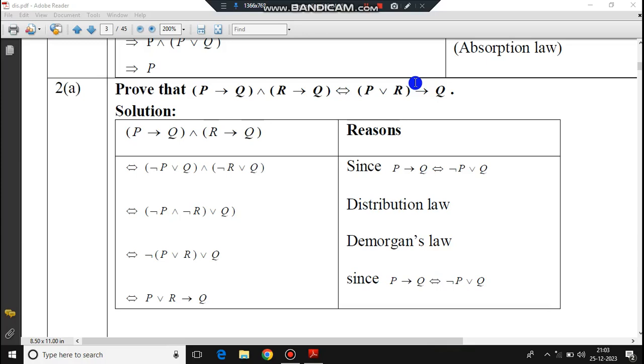The term that they would be using is without using truth table. That is the word they will use. That means equivalence formula we have to use, and we have to prove that the left hand side equals right hand side. This way of problem is very, very important. So in another session I will take another problem. Thank you.